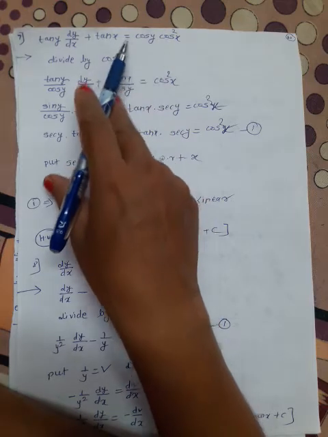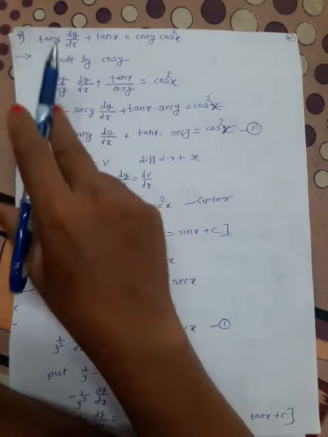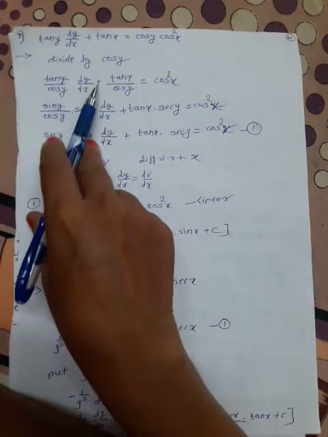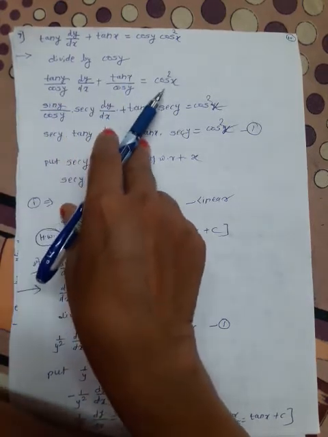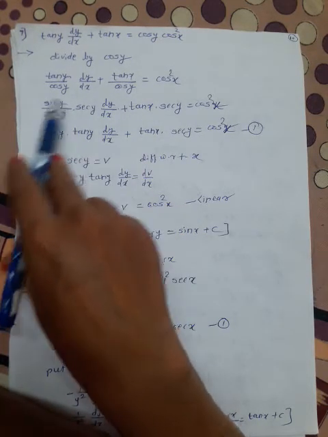That's why we don't need this cos y. That's why first step will be divide this term by cos y. Therefore it becomes tan y upon cos y dy by dx plus tan x upon cos y is equal to cos square x.